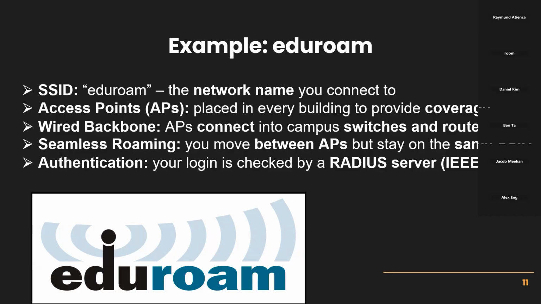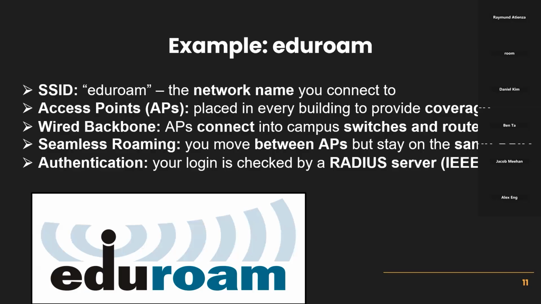They all have a wired backbone into a switch and a router. But notice that when you're walking around campus using your phone, you don't keep getting disconnected over and over. This is because your login is checked by a RADIUS server. When you initially log in, it goes to a RADIUS server, which remembers your login, and there's another thing called IEEE 802.1X.